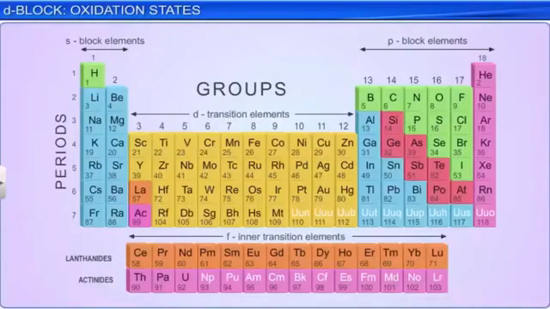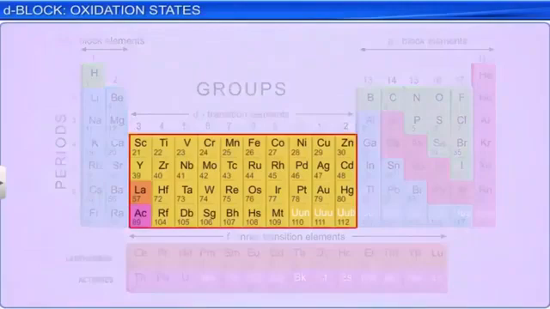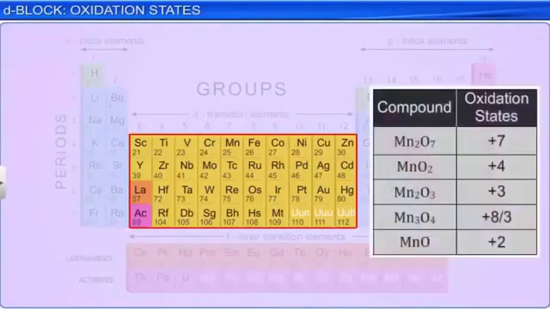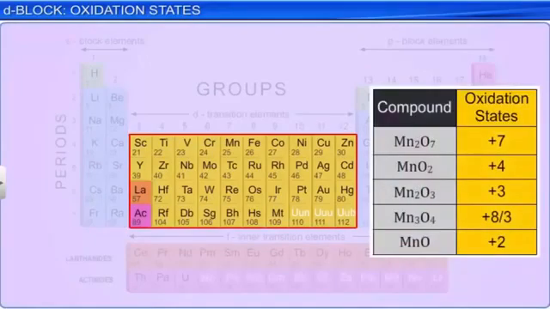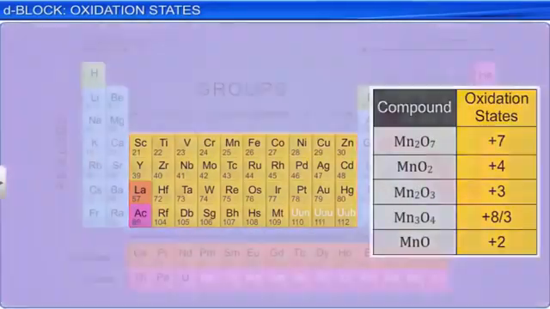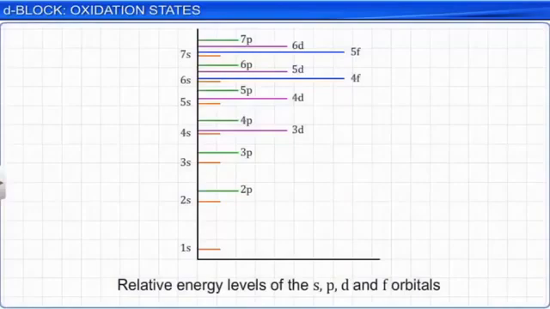One of the most striking features of the transition elements is their ability to exhibit several oxidation states in their compounds. This unique ability is due to the small difference in energy between the ns and (n-1)d orbitals.